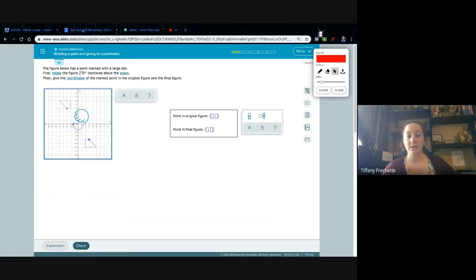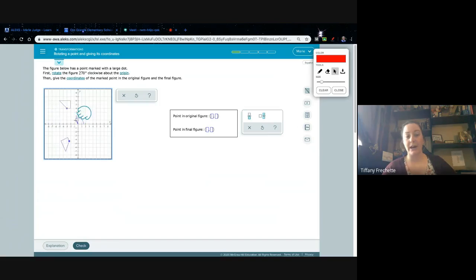If I go one more, that's 270. So each time is 90 more. So 90 plus 90 is 180, plus 90 is 270. Each time I go to the next axis, it's another 90. And if I had gone one more around, I would have landed right where I started. See, it lands right where we started.